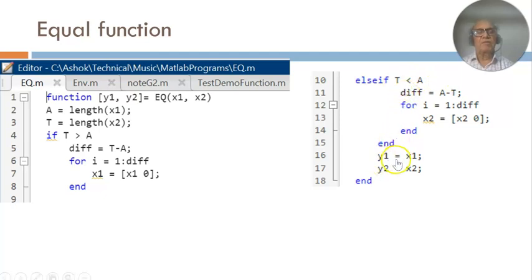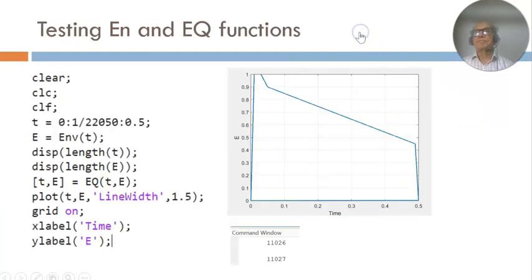At the end, x1 is copied into y1, so y1 is x1, y2 is x2, and then you return.